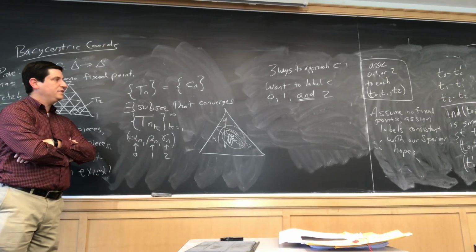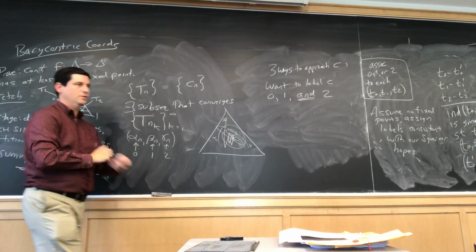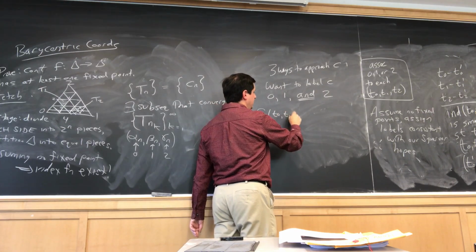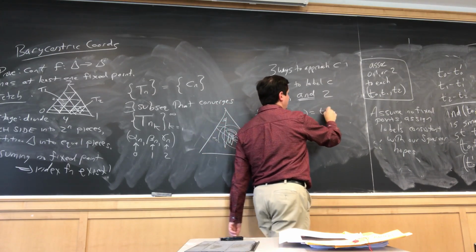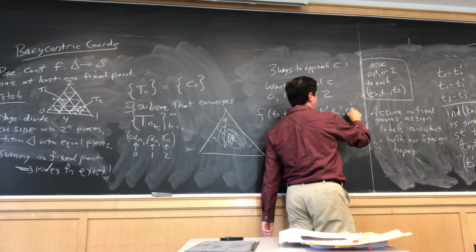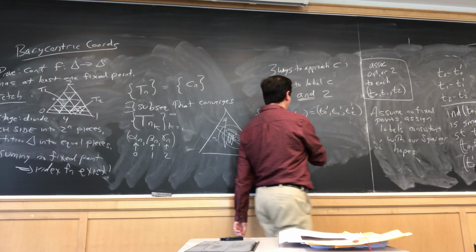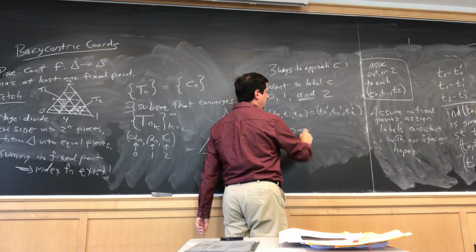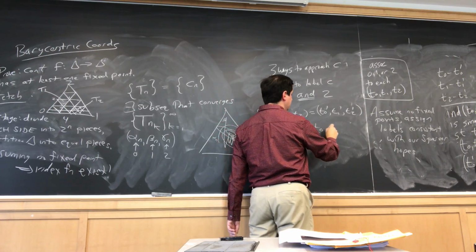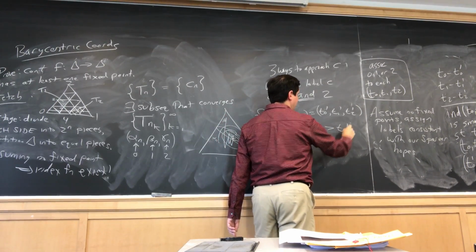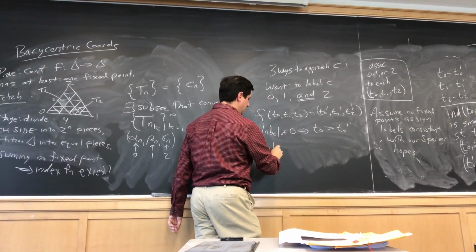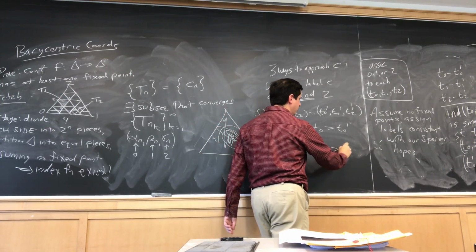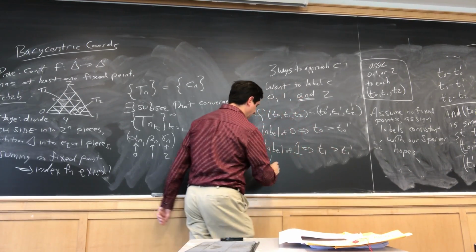What does it mean to have a label of 0? Remember, we have f of (t0, t1, t2) goes to (t0 prime, t1 prime, t2 prime). So a label of 0 means t0 is greater than t0 prime. A label of 1 means t1 is greater than t1 prime.